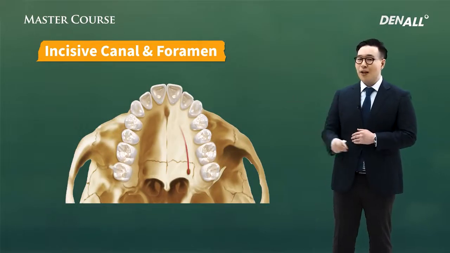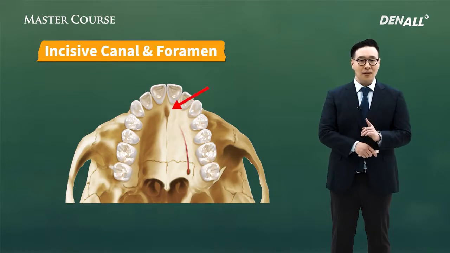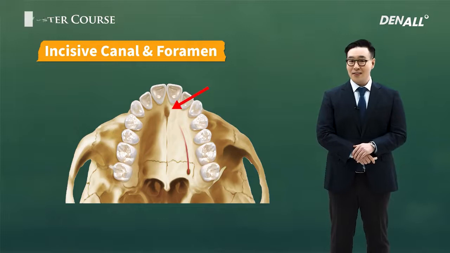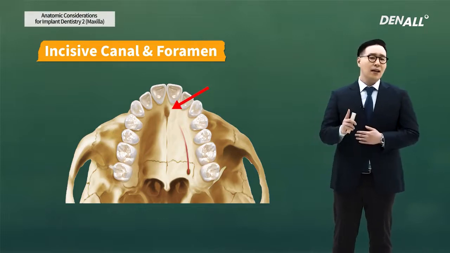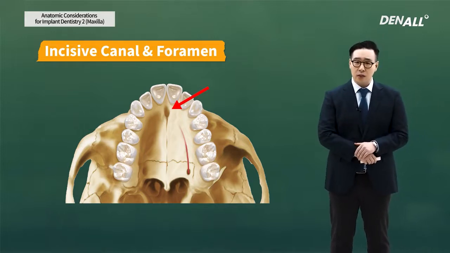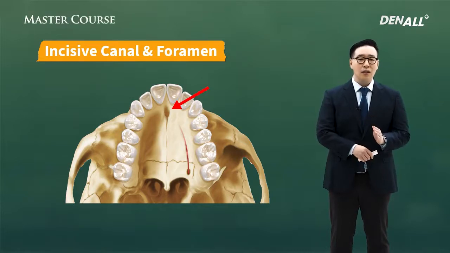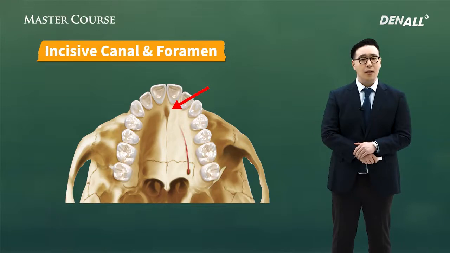But in a clinical setting, when you place an implant in the central incisor, the incisive canal can sometimes be a problem. First, this incisive canal can be too big. For ideal central incisor implant placement, some of the fixture could inevitably end up in the incisive canal.